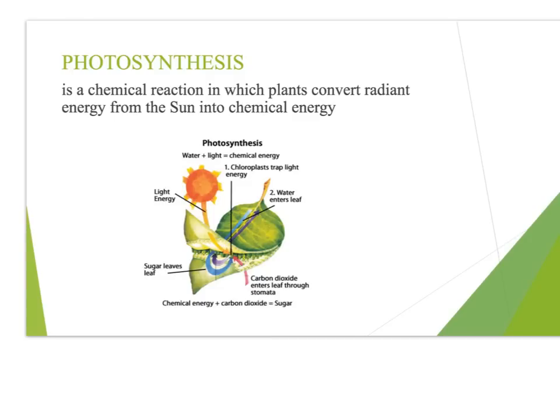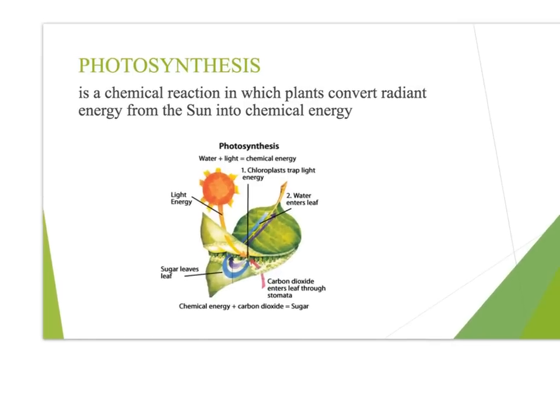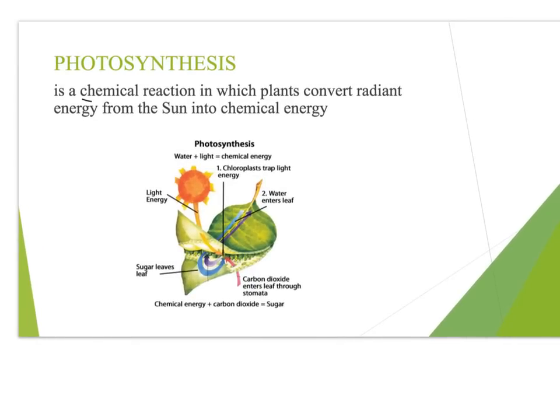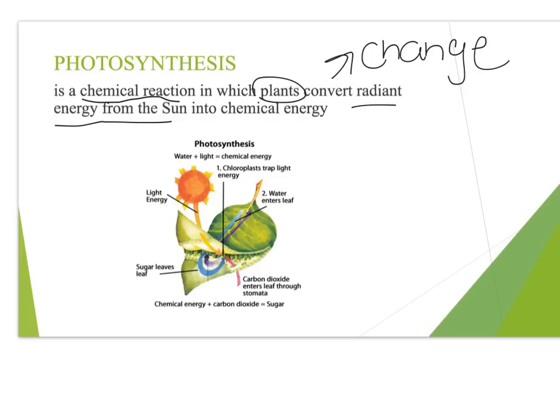Okay, so photosynthesis, it is a process, and it is a chemical reaction that plants go through where they convert, and all convert means is to change, radiant energy from the sun into chemical energy.